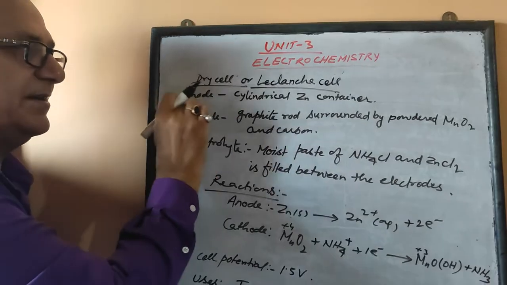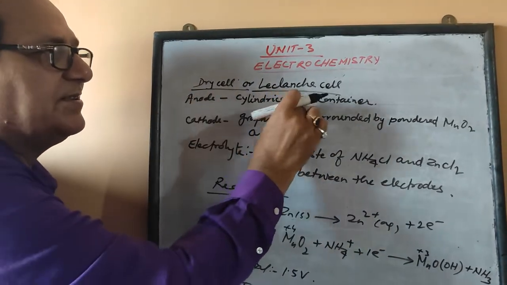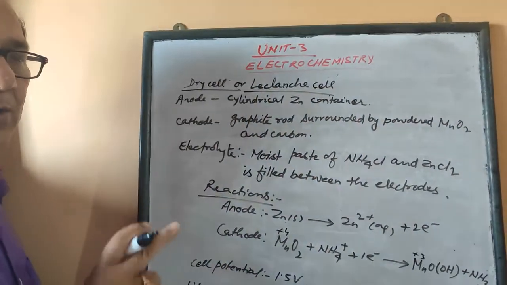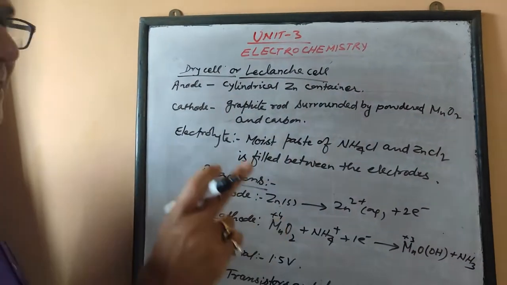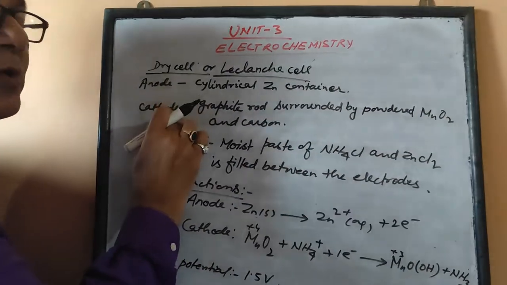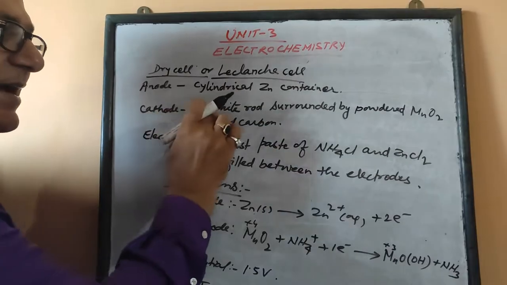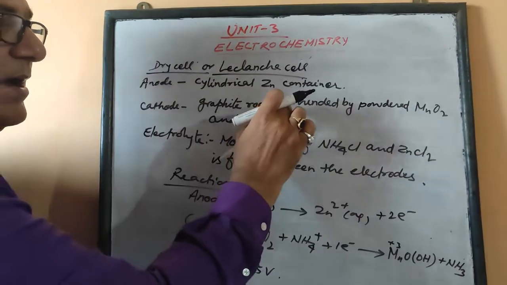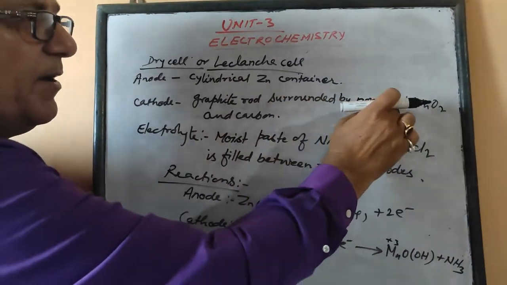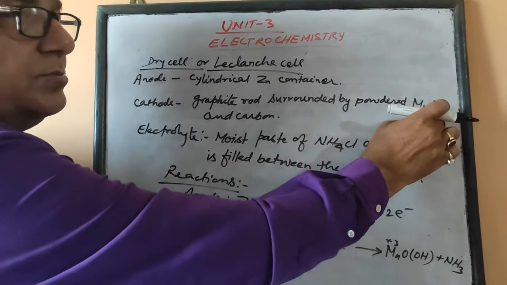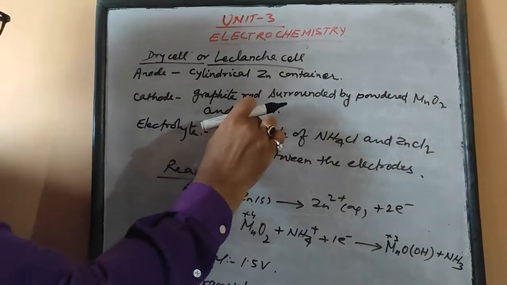What is the anode here? Anode is a cylindrical zinc container. Now, cathode. Cathode is a graphite rod surrounded by powdered MnO2 and carbon.